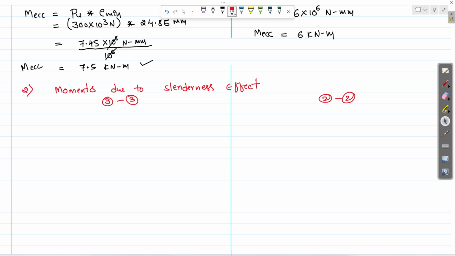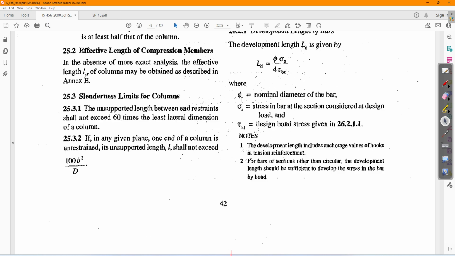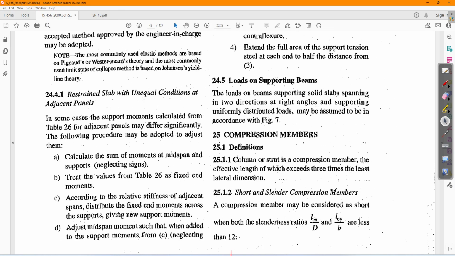Okay. So for which you refer IS 456 2000, page number 41, clause 25.1.2. See this one. Short and slender compression members.